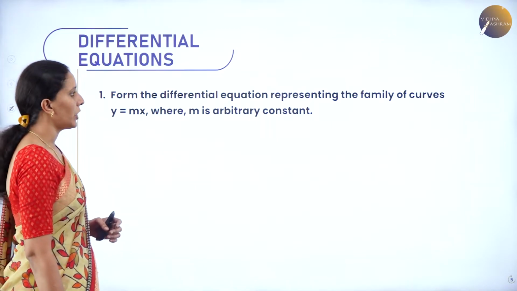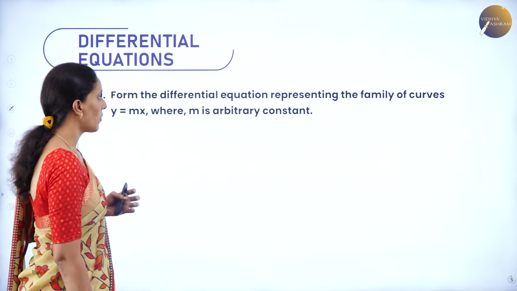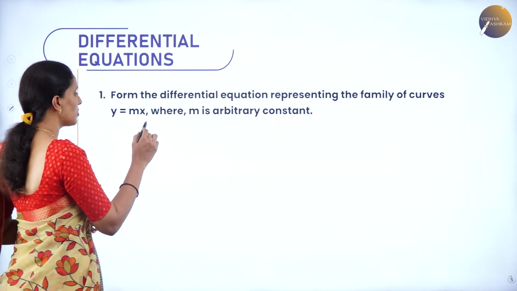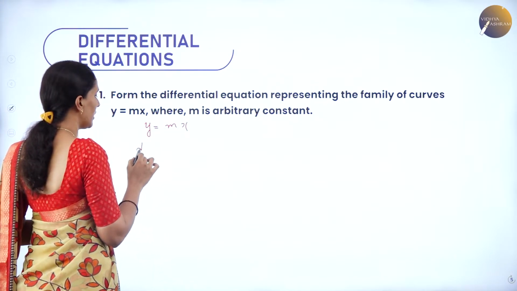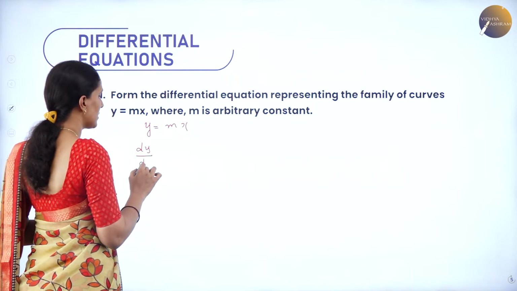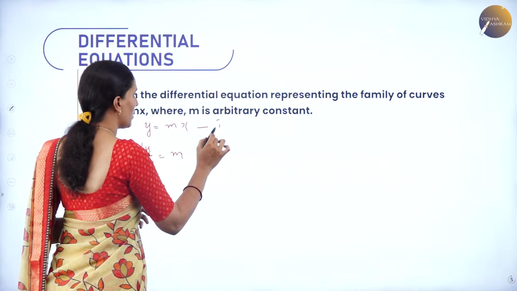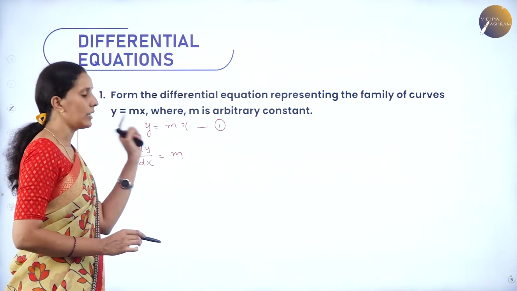Form the differential equation representing the family of curves y is equal to mx, where m is arbitrary constant. So we have a function y is equal to mx. Differentiated, it is dy by dx is equal to m. Now let me take this as equation 1. Substitute m is equal to dy by dx here.